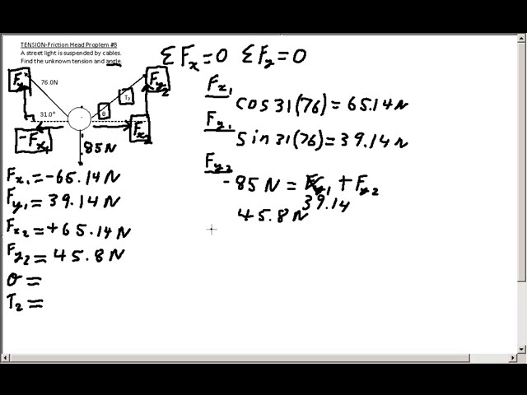So to solve for theta, we take the tangent of theta, which is going to equal the opposite, F of y, which is 45.8 newtons, divided by F of x2, which is 65.